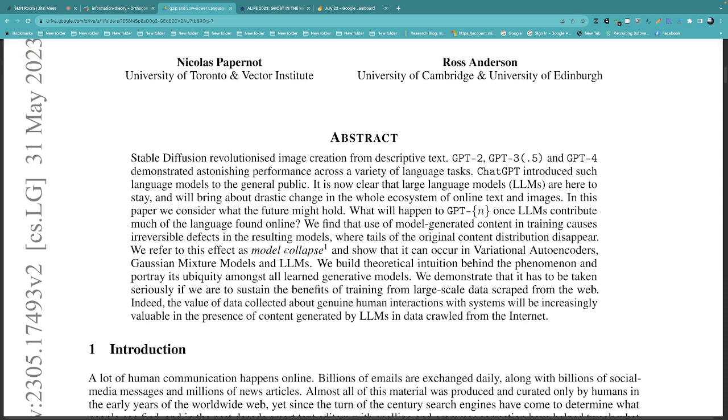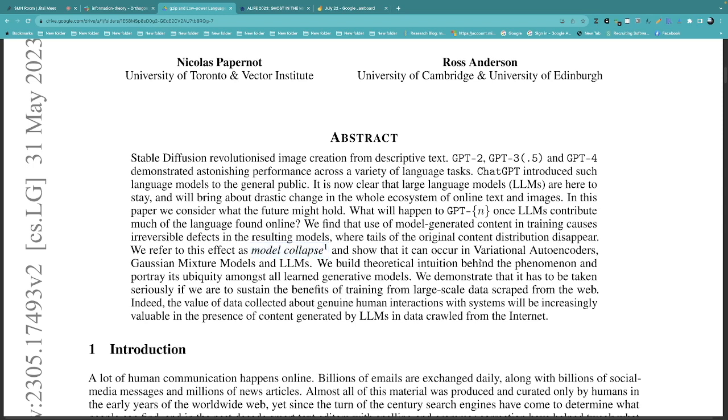So this model collapse is where you train on the information that's on the internet, reproduce it as an imitator, and then you train on that, and eventually the model collapses because it doesn't have any innovation. It gets rid of all the outliers, and that's that.